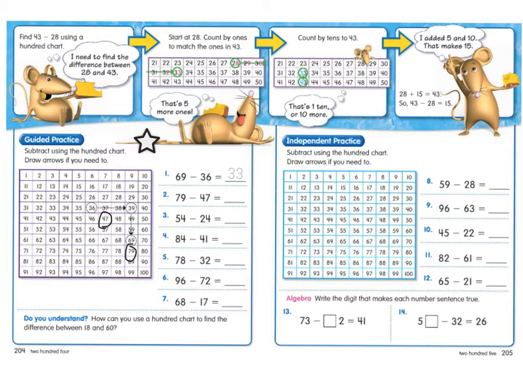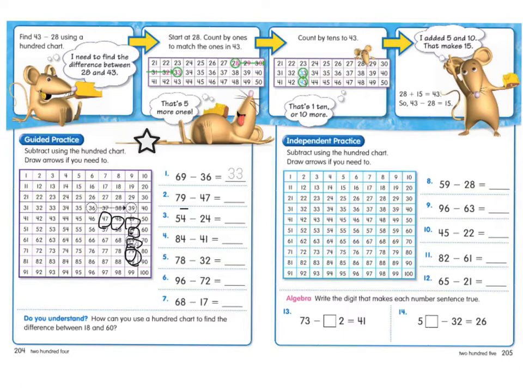I'm going to move my 47 until I get to 49 because it has 9 ones like 79. So I'm going to go 1, 2 hops to the right, and then I can go straight down to 79 by counting tens. 1, 2, and 3.